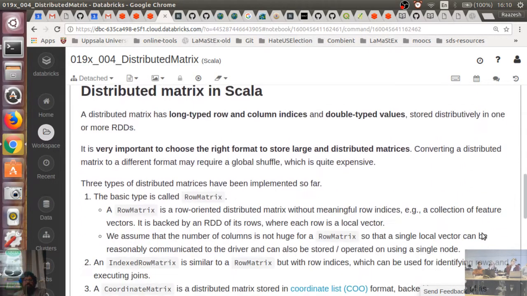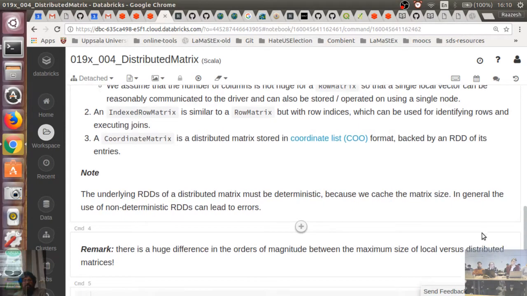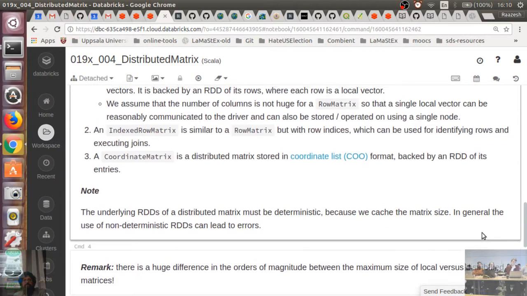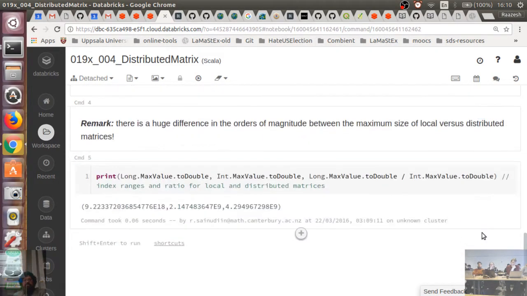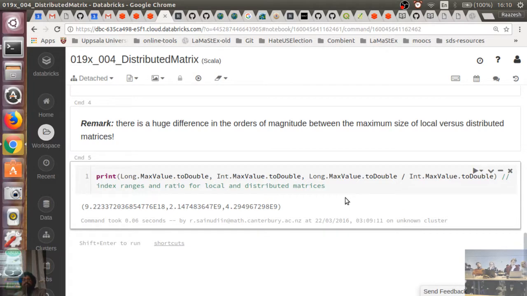So now this is just getting into distributed matrices in Scala. This is, I guess, very important. There's a huge difference in the orders of magnitude between the maximum size of local versus distributed matrices, because local matrices can only be of size int, and distributed matrices can be of maximal size long.